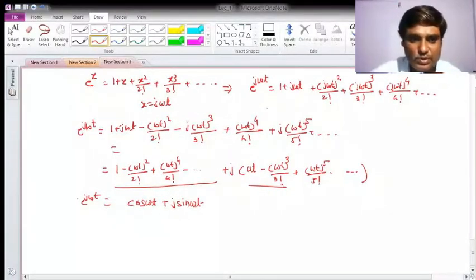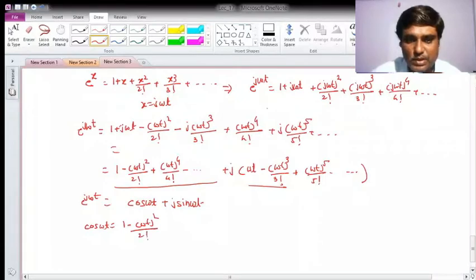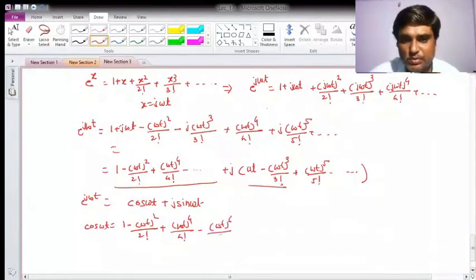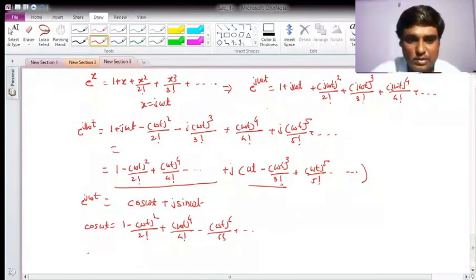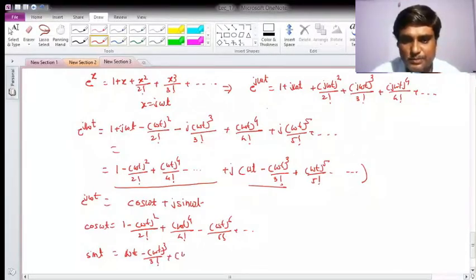We know the cos omega t series is 1 minus omega t squared upon 2 factorial plus omega t raised to 4 upon 4 factorial minus omega t raised to 6 upon 6 factorial, with all even powers. Similarly, sine has odd powers: omega t minus omega t cubed upon 3 factorial plus omega t raised to 5 upon 5 factorial minus omega t raised to 7 upon 7 factorial, like this.